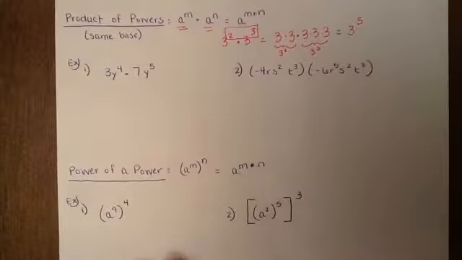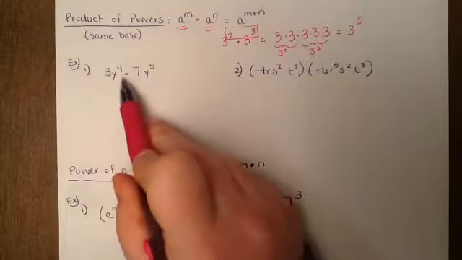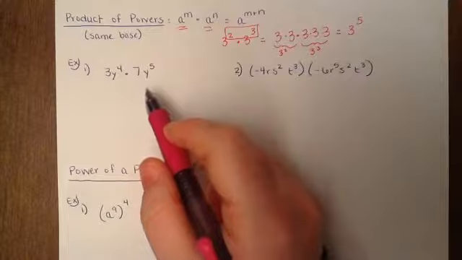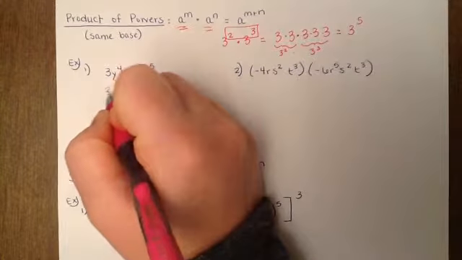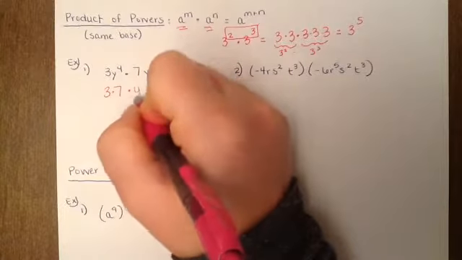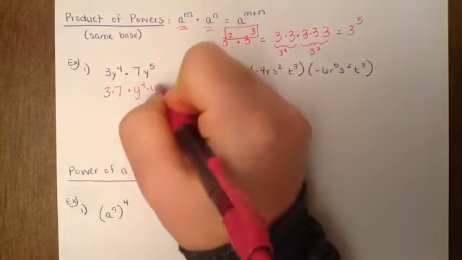So let's use that to look at some of these. 3y to the 4th times 7y to the 5th. Now we know multiplication can be any order, so I'm going to multiply my whole numbers, and I'm going to multiply the y's.